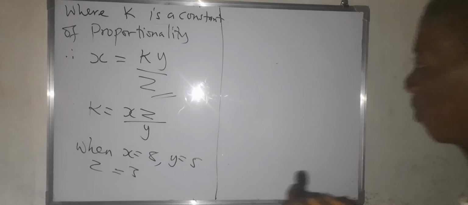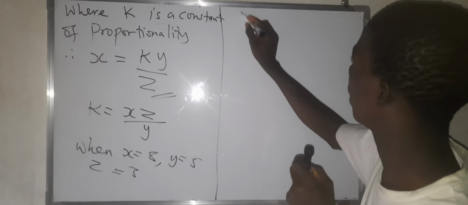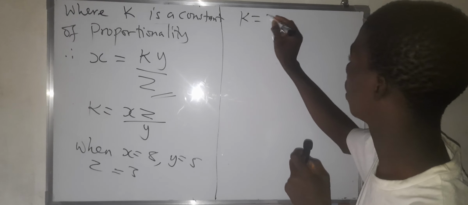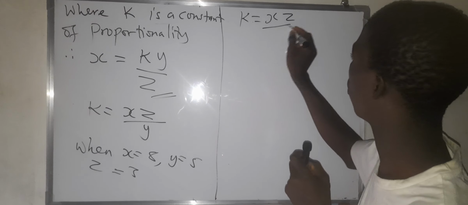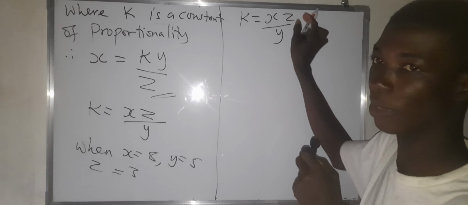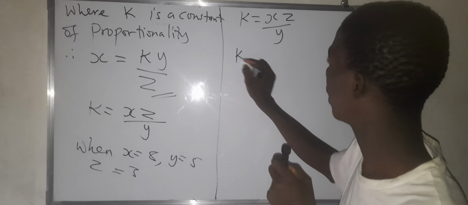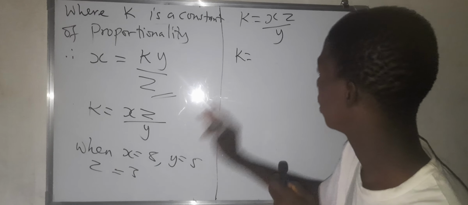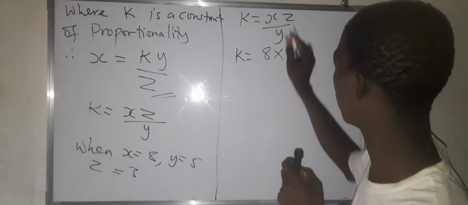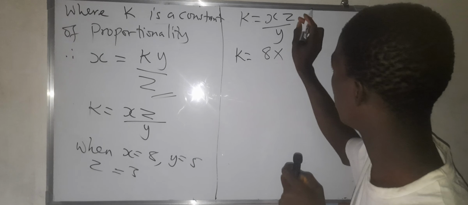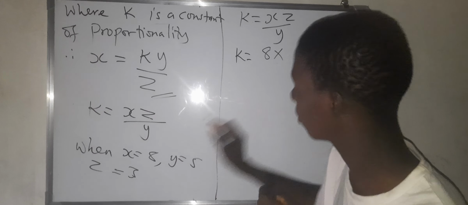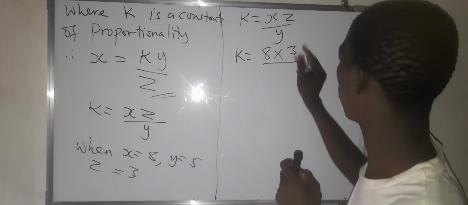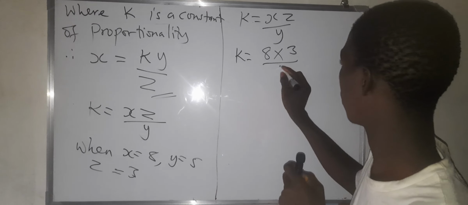So we move on. We said k is equal to xz over y. That is x times z over y. Now k equals, what is our x? It is 8, times z, what is our z? Our z is 3, all that over our y, which is 5.